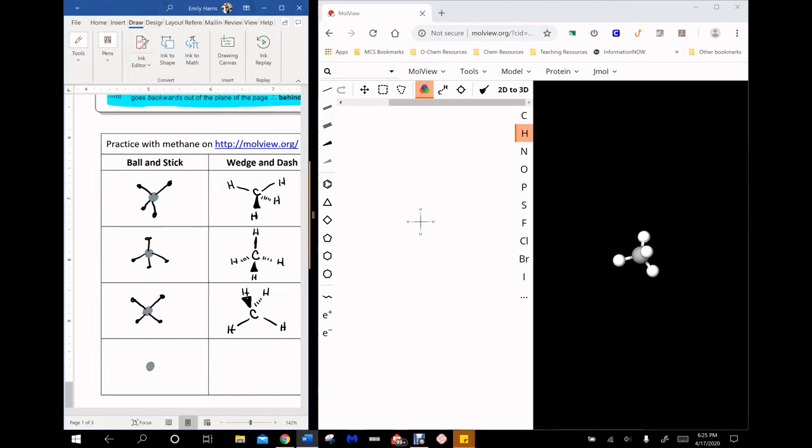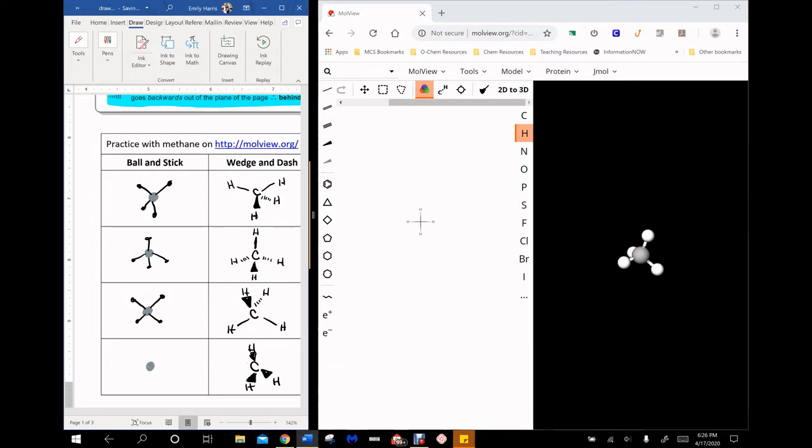And so let's try just 1 more orientation to get a little bit more practice. Let's try to turn it so that we are looking at the underside of the carbon. And so what's happening here is we have all 3 of these atoms pointing out toward us. So we'll draw those as wedges, kind of like a pyramid of wedges here. There we go, make this wedge a little bit better.